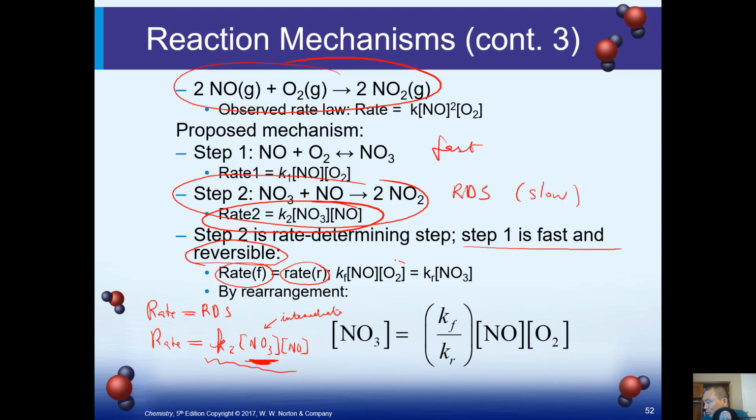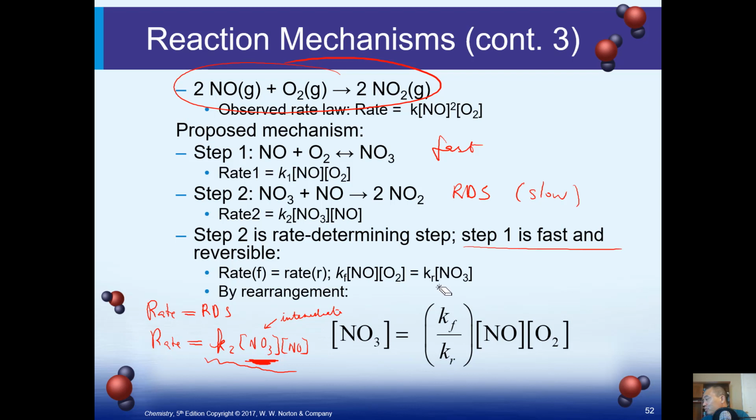The rate for the forward reaction for the first step, or the fast step, is Kf times NO times O2, because when you look at this first reaction, you have NO and O2 as reactants. That's why Kf times NO times O2 gives you the forward reaction rate.